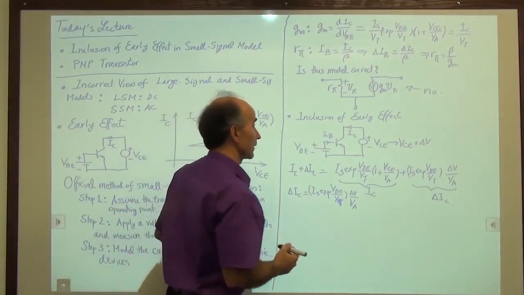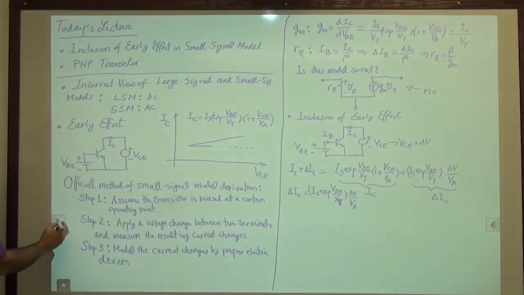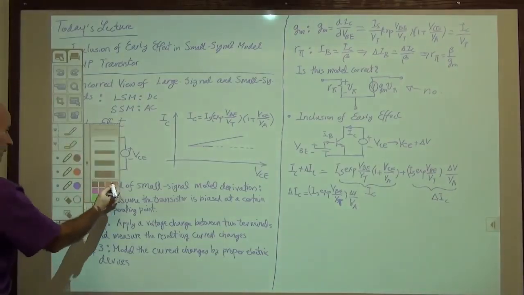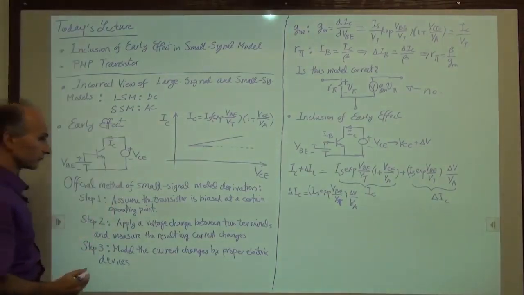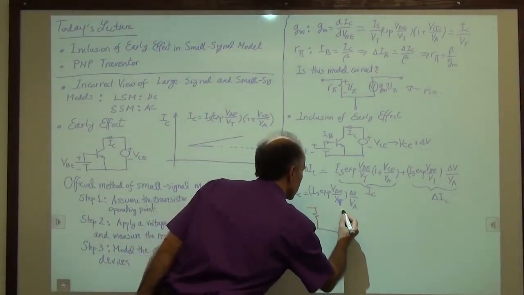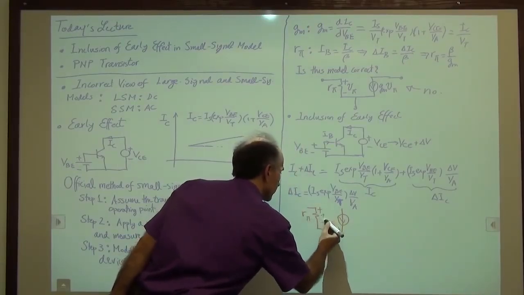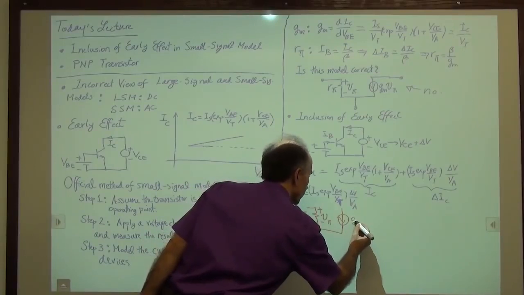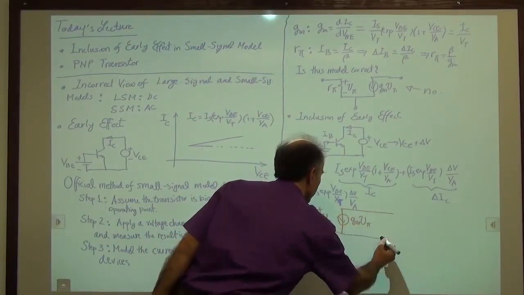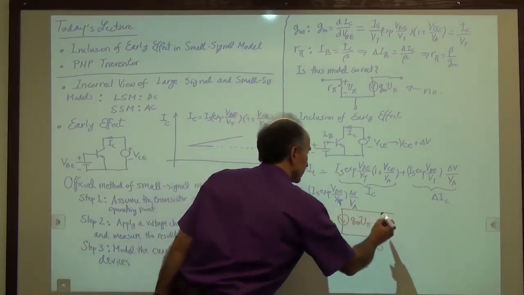So now the question is, can I go back to that small signal model and try to reflect this phenomenon in that model? So let's draw the small signal model again. Here's what we have: R pi, V pi, GM V pi, and this is the emitter, this is the base, this is the collector.